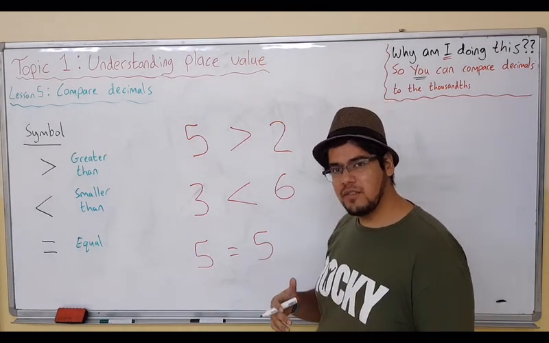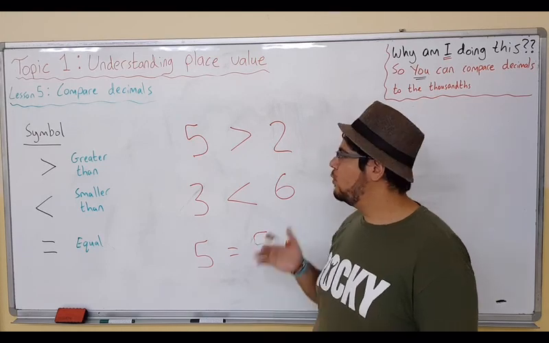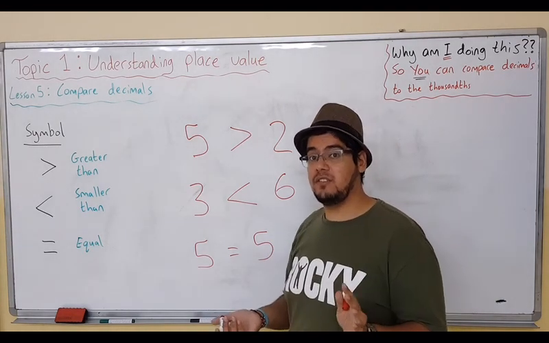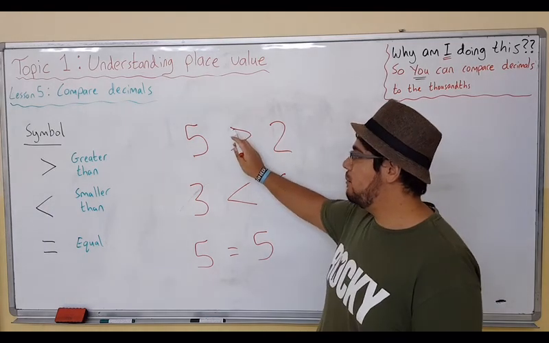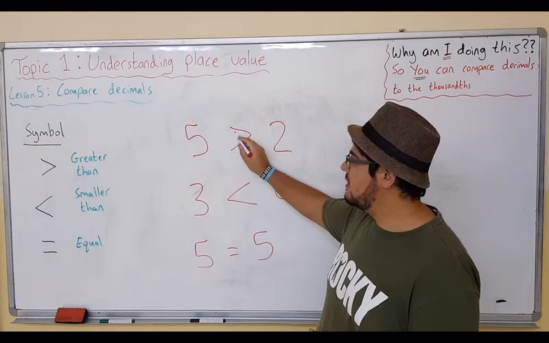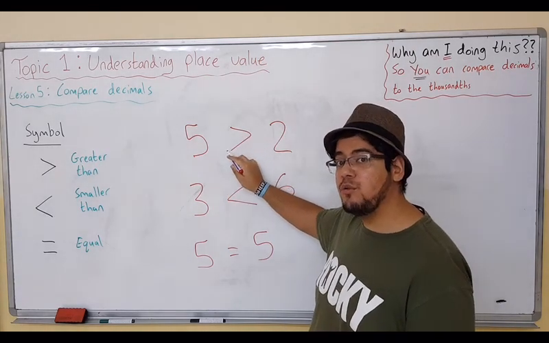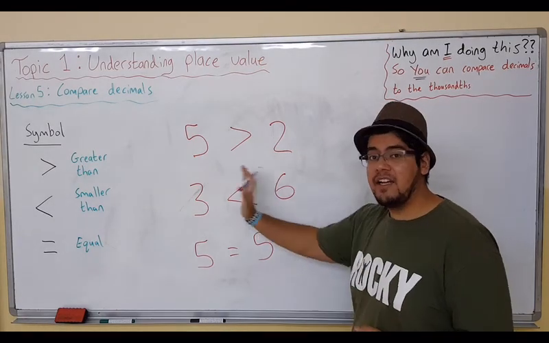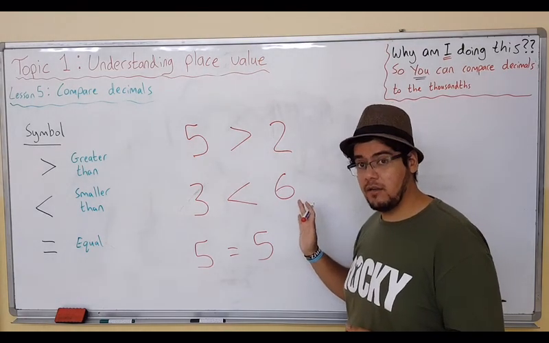Now sometimes it can be confusing which symbol to use, which way around to use it. Remember this: the symbol is like an arrow, and the bigger side of the arrow goes to the bigger number, whichever side the bigger number is on.